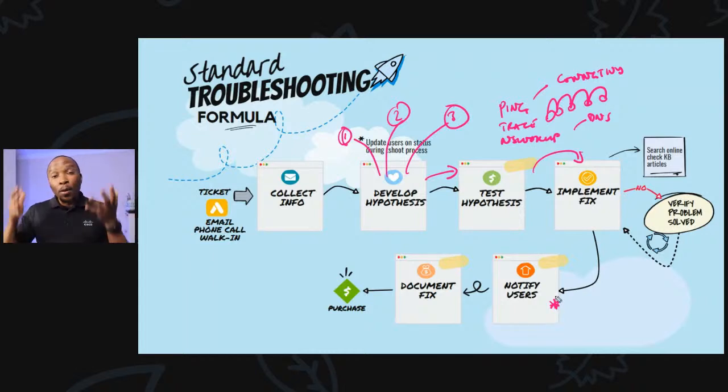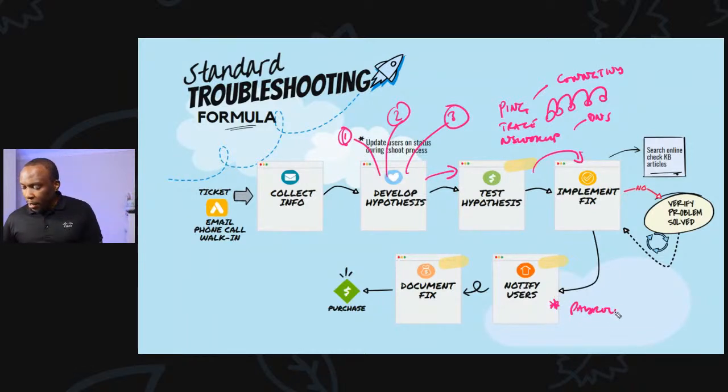Notify the user who raised the issue. Just because you've fixed something does not necessarily mean that the person who raised it has been notified. Sometimes some users will decide, okay, I'm not going to do payroll, because there's an issue with payroll, right? I'm waiting for IT to come back to me.